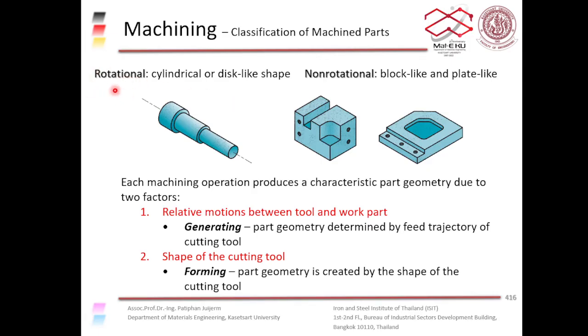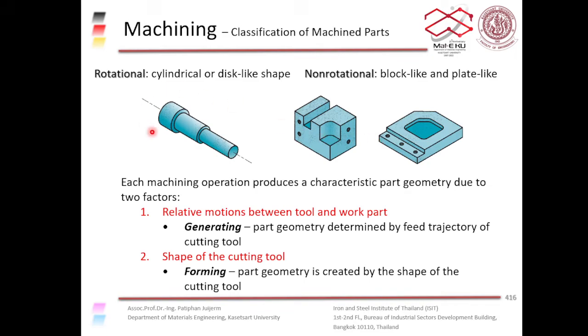The main difference between these two is that a rotational workpiece is sort of disc-like or cylindrical, more circular, more rounded. But for non-rotational, you get a block-like or plate-like product. For different types of parts, you must use different manufacturing processes.